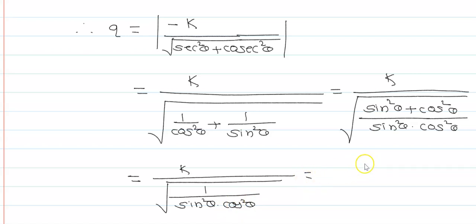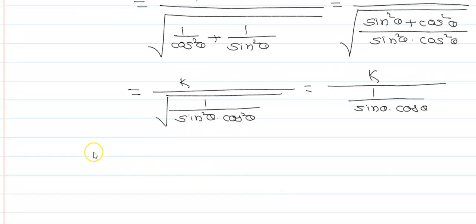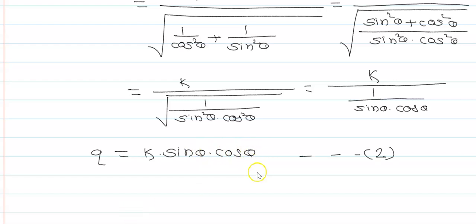If we take the square root, then here you will get 1 upon sin theta into cos theta, and again if we simplify, then q is equal to k into sin theta into cos theta, and this is number 2.